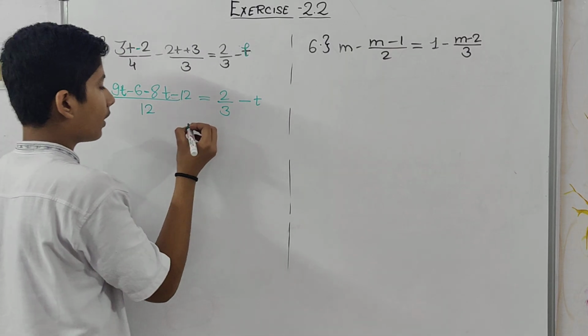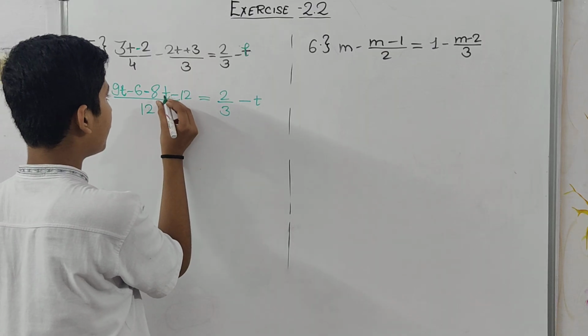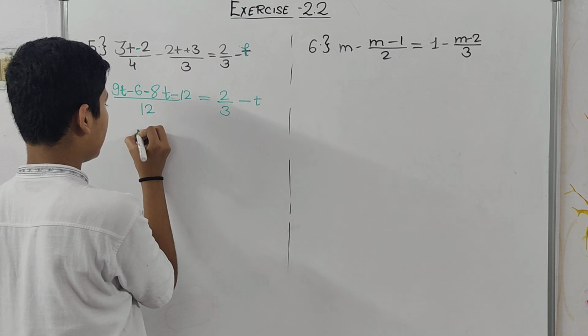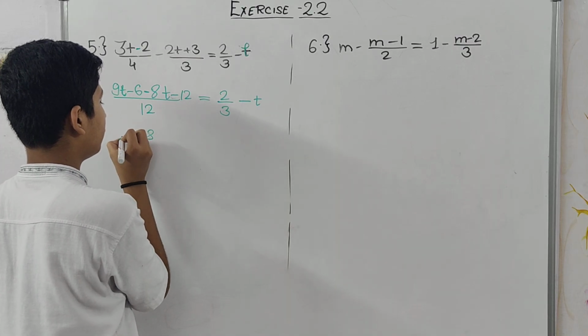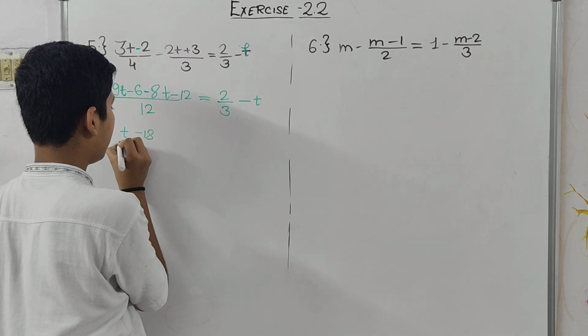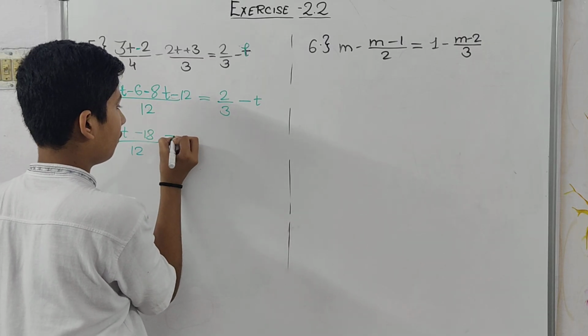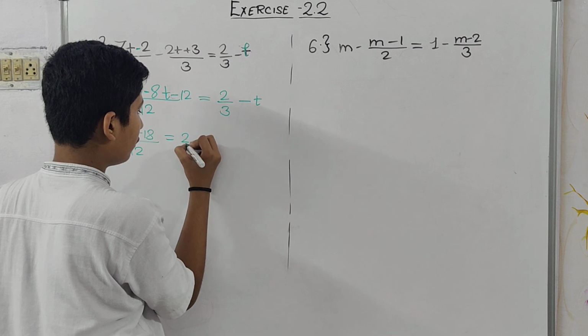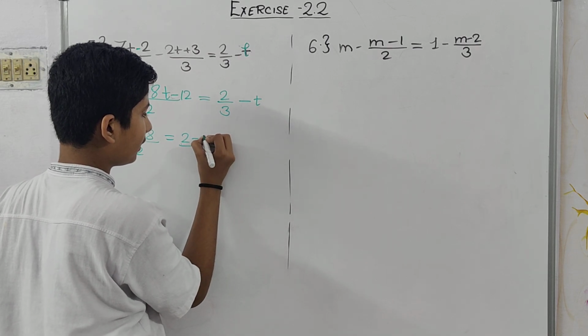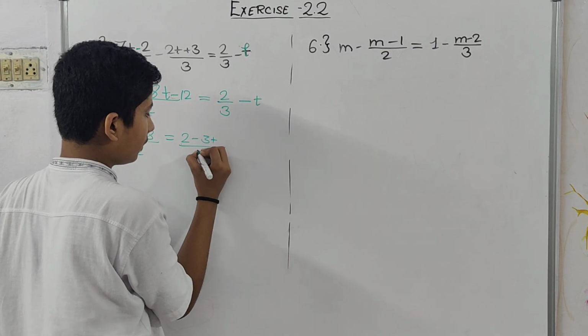Now 6 minus 6 minus 12 will be minus 18. And 9t minus 8t will be t upon 12 will be 2 by 3 minus 3t upon 3.